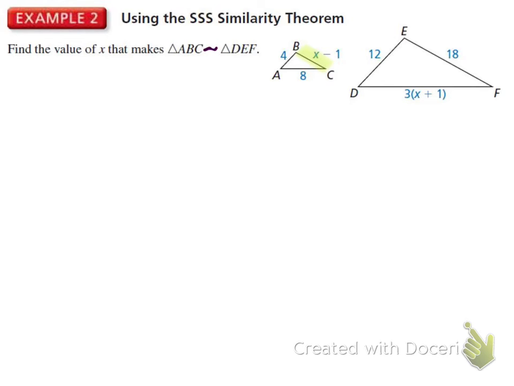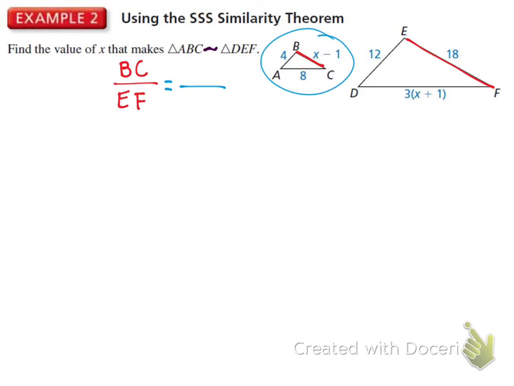So remember that similar sides are proportional. We're going to set up a proportion. So I'm going to write it with letters first to remind you. What does BC correspond with on the second triangle? EF. And we can make it proportional to another set of sides.